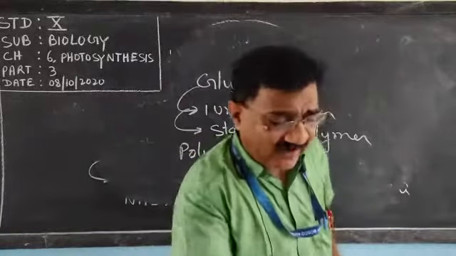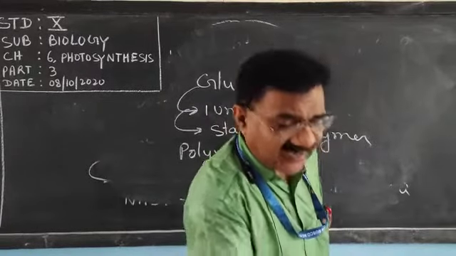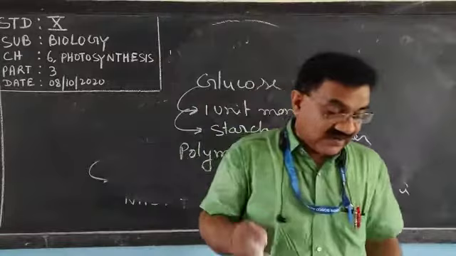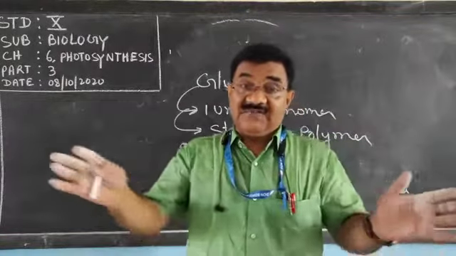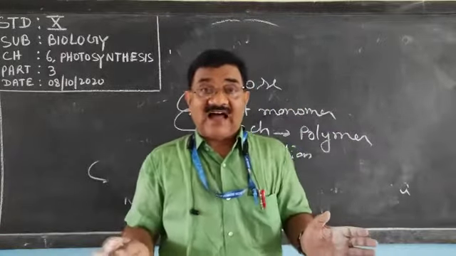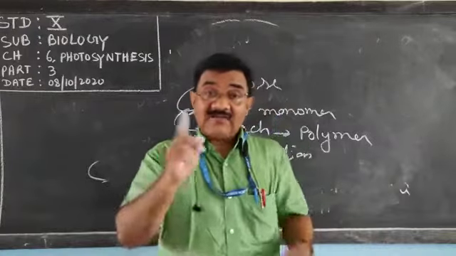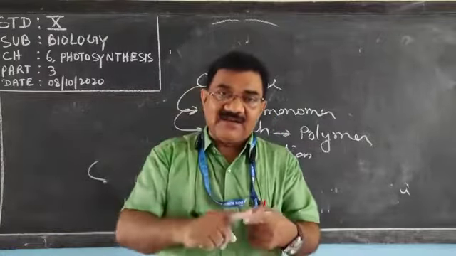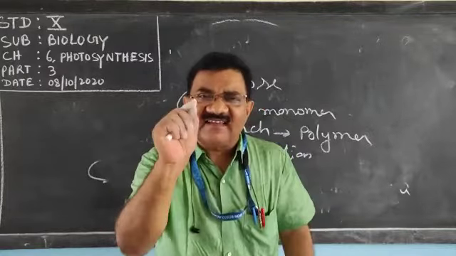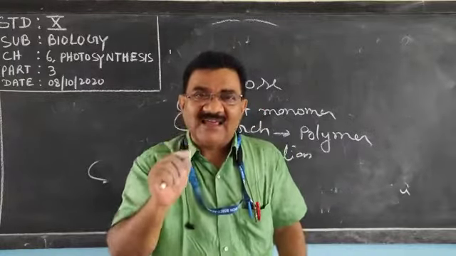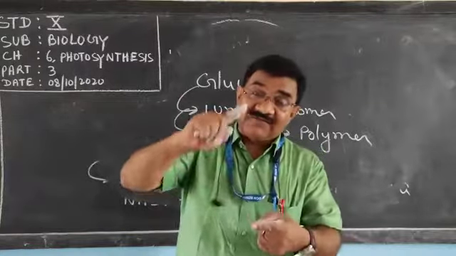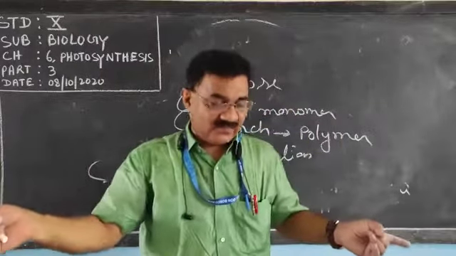One more thing we have to discuss, and that is adaptation of the leaf to perform photosynthesis. A large surface area is there. The leaf has a large surface area, and keep in mind, if leaf size is larger, the number of leaves will be less. If leaf size is smaller, like the tamarind leaf, which is small, then the number of leaves will be larger.